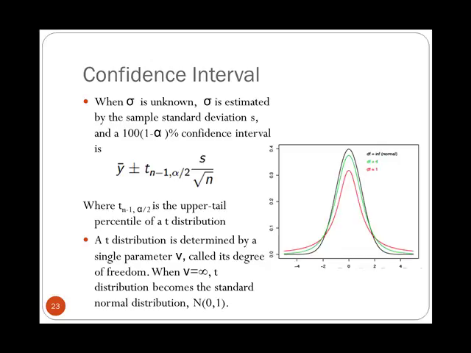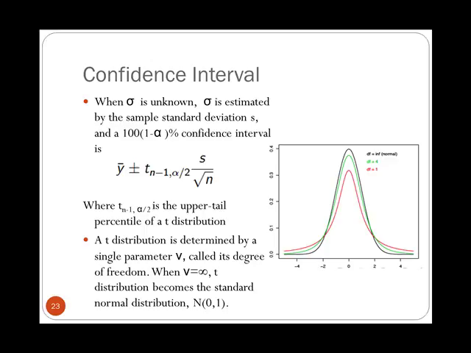When population standard deviation sigma is unknown, sigma is estimated by the sample standard deviation s, and a 100 times 1 minus alpha % confidence interval is represented by y bar plus minus t sub n minus 1, alpha over 2 times s over square root of n.